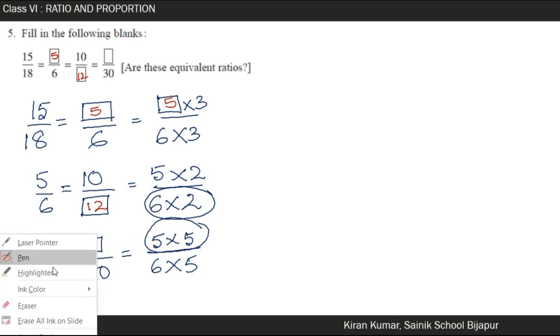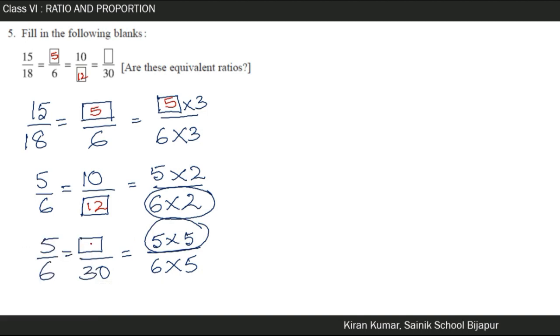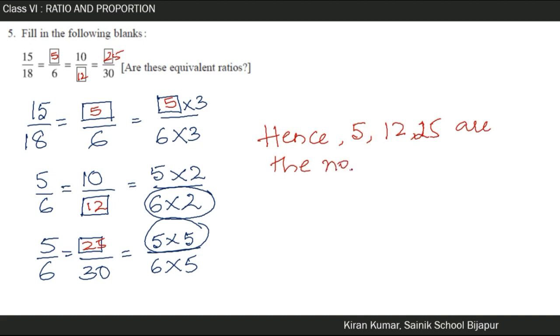When 5 is multiplied by 5, we will get 25. So this particular blank is 25. Hence 5, 12, 25 are the numbers in the blank.